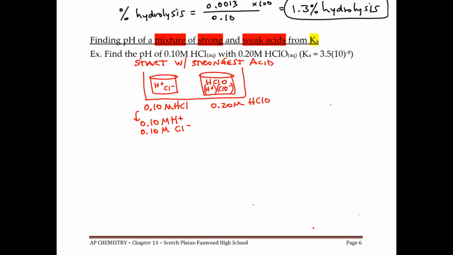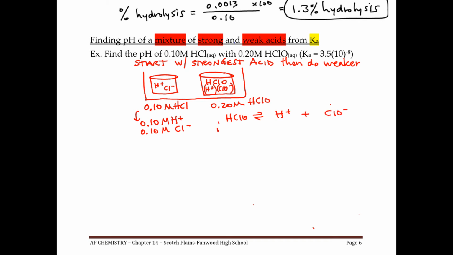Now what we want to do is the weak. So start with the strongest, then do the weaker one. Whenever you have a weak acid, you always have to do ICE. So here we go. HClO will dissociate into H plus and ClO minus.